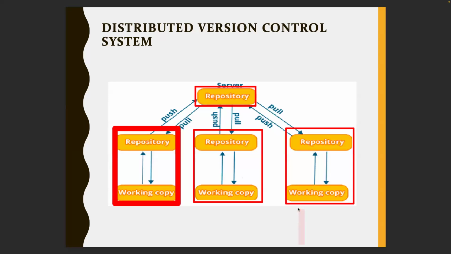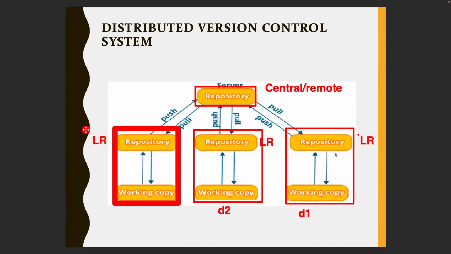If you notice, every person is going to have a local repository. This is called the local repository, which is a copy of the central or remote repository. Like in the centralized version control system, we do have a central repository or remote repository, and every individual user has got a copy of it, which is called their local repository, right? Everyone is going to have it.